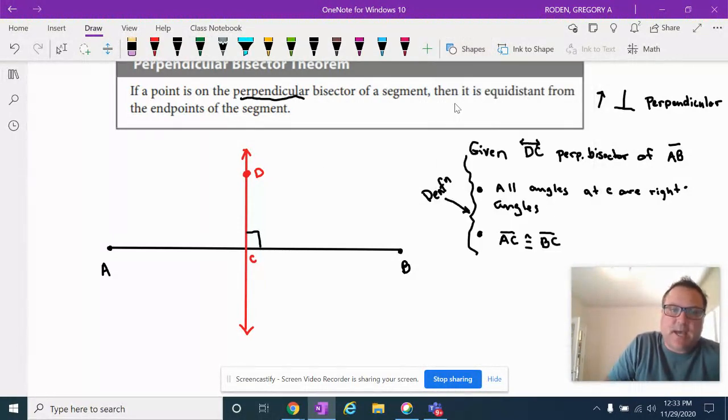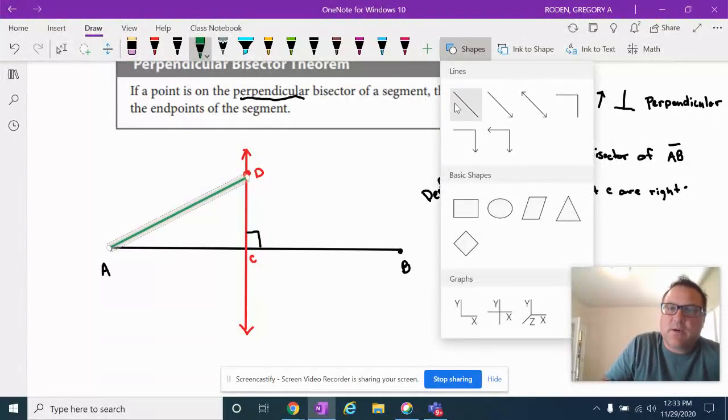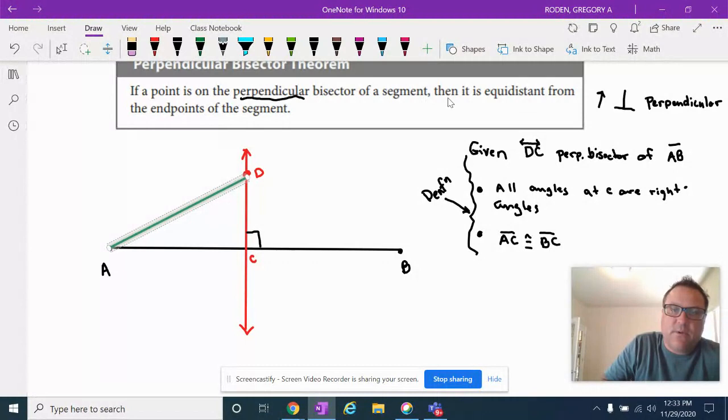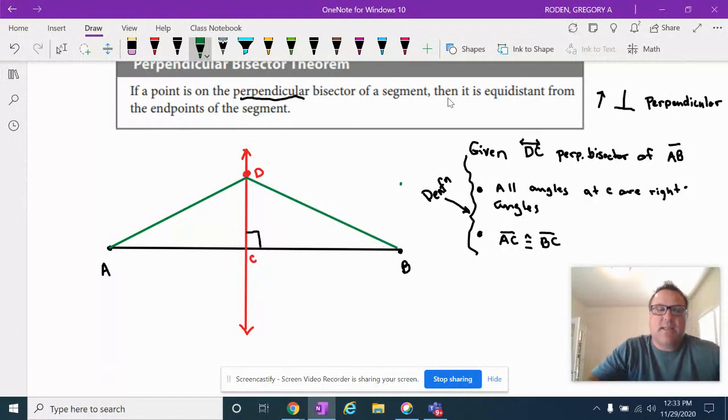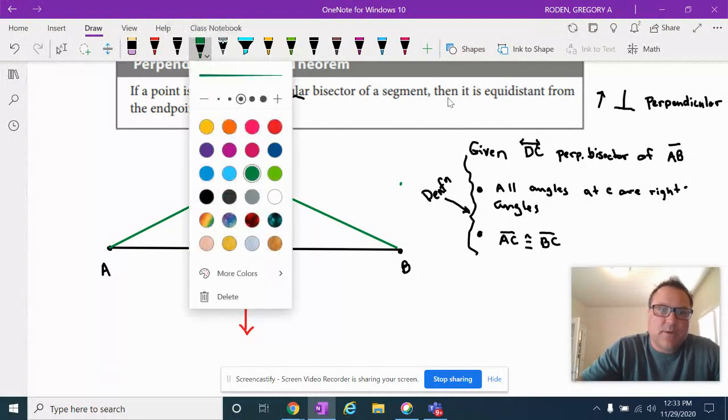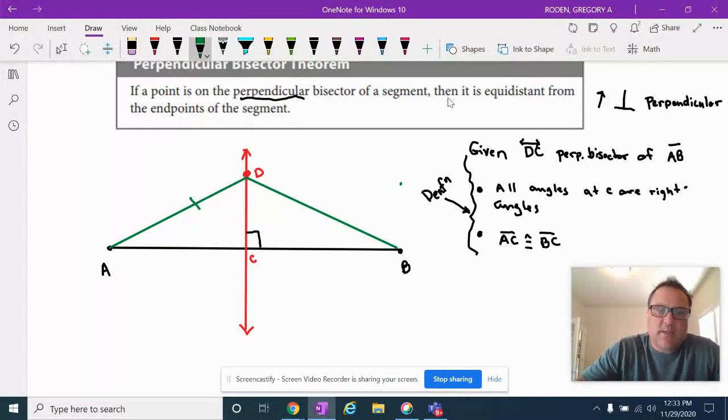If D is on the perpendicular bisector, you get that the distance from D to A is congruent or equal to the distance from D to B. Those two green lines are congruent to each other, so they're going to have the same measure.